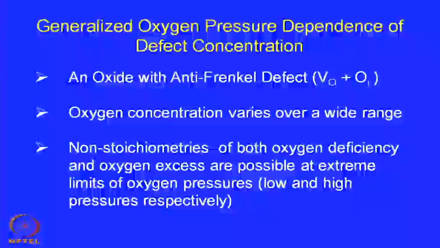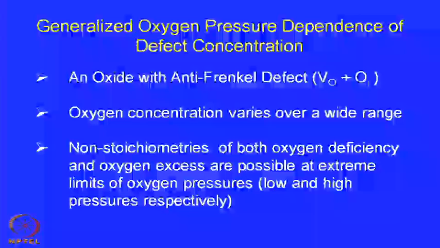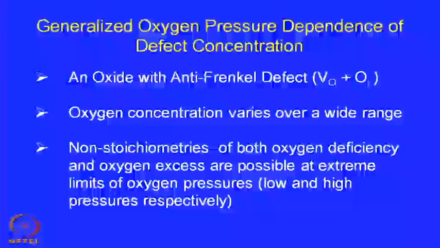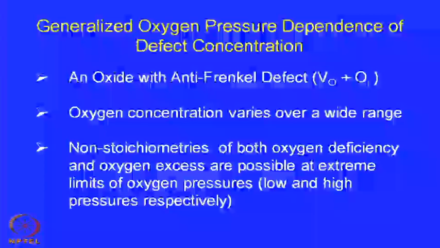Normally it is not a very usual system. In most cases you will find either oxygen interstitial is predominant, or oxygen vacancy is predominant, or metal vacancy is predominant, or metal interstitial is predominant. Two of them predominant all the time is almost impossible.